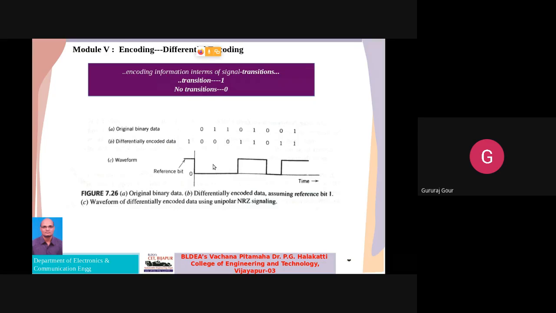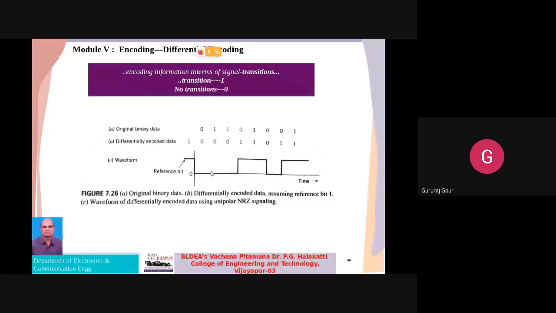And if you want to represent it in the form of a waveform, we studied different types of coding techniques for encoding in the last class: unipolar, bipolar NRZ, unipolar, bipolar RZ, or split Manchester coding. Here we are taking an example of unipolar NRZ signaling.